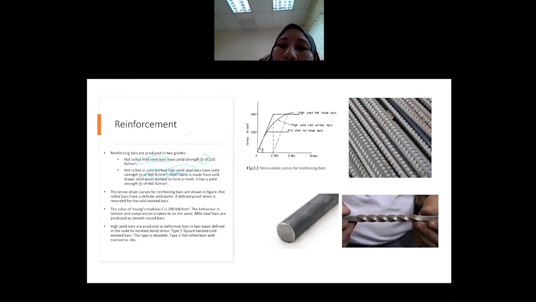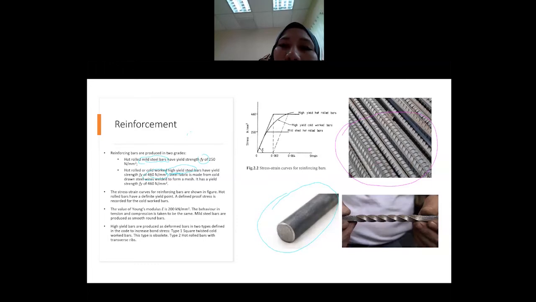So contoh mild steel bar is here. Okay, yang kat sini you nampak mild steel bar is here. Okay, yang warna biru I bulatkan ni. And for high yield steel, this one. Okay, so ini adalah yang strong bar. So 460, kalau you nampak dia ada macam like corrugated line-line.